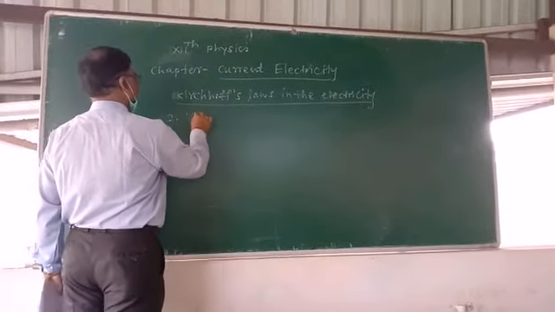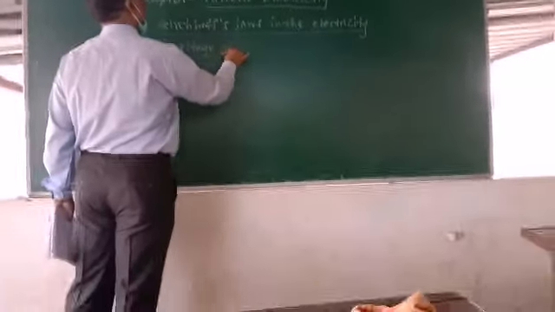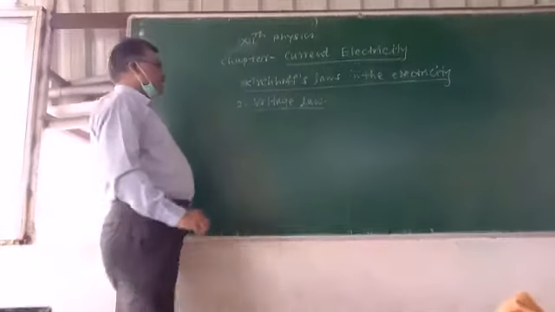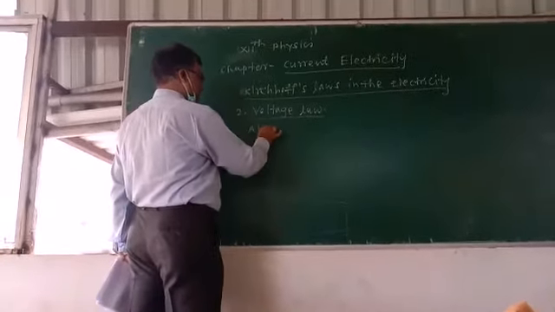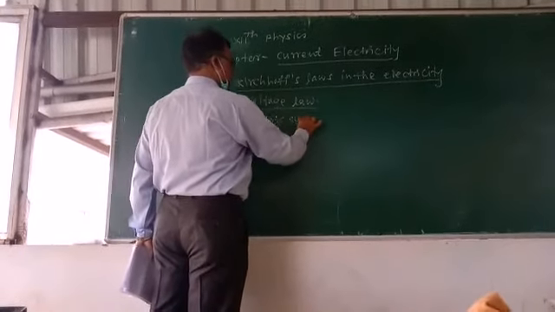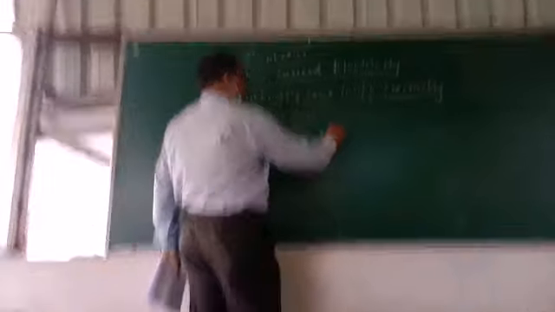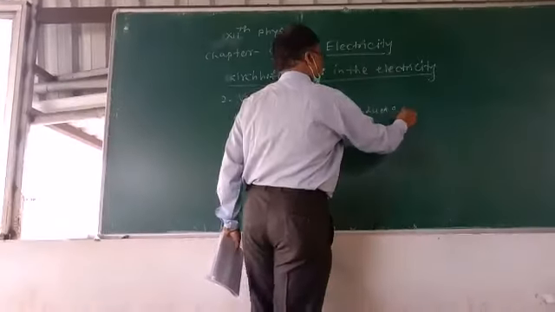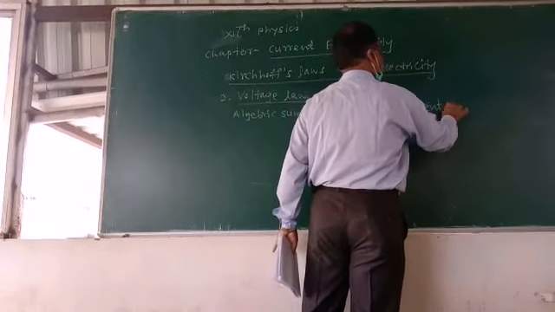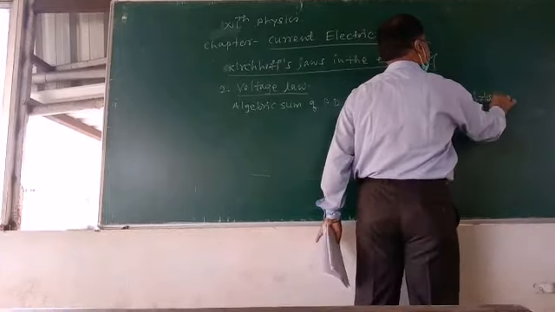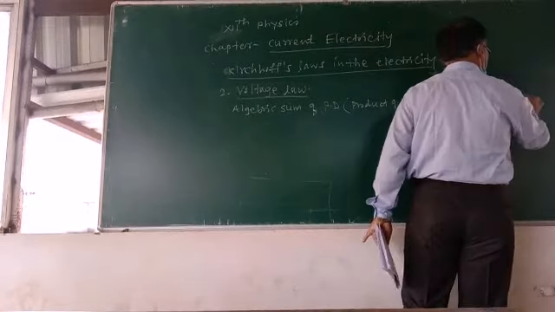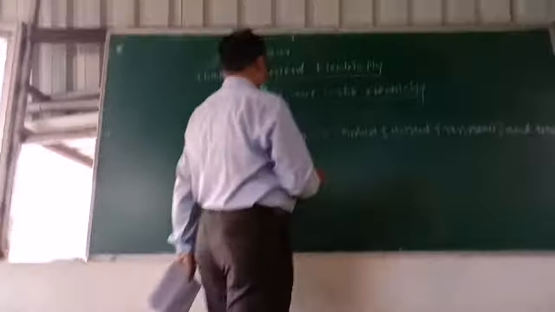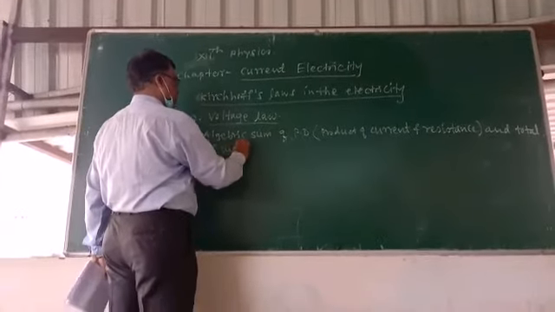Voltage law. The voltage law is: the algebraic sum of the potential differences, that is the products of current and resistance, and the total EMF in the circuit.